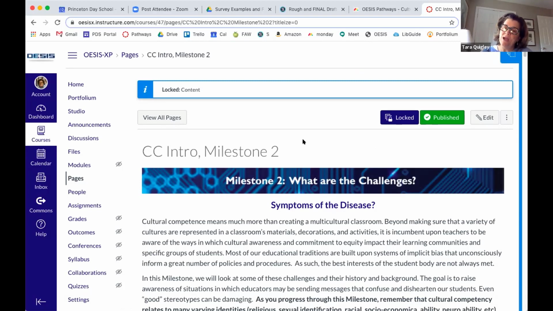Implicit bias is really when we believe that everybody else's experience has been akin to ours, when we aren't able to think about how somebody else might be experiencing the world and it might be very different. We make assumptions about people in all sorts of ways, right?